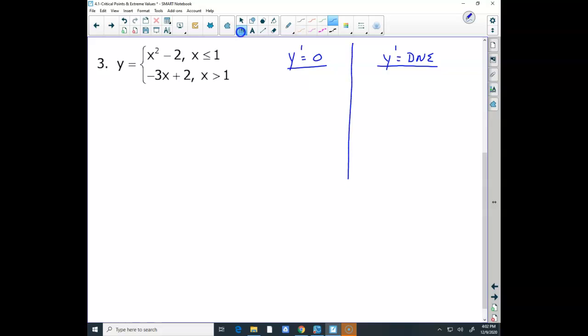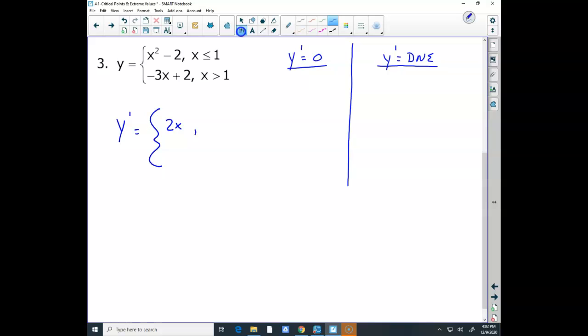Please understand the only place that this quadratic polynomial and linear polynomial might have a derivative that does not exist is where they're coming together. It's the only place that could be. The easy ones to find are when the derivative is 0, because I can find the derivative of this real easy.